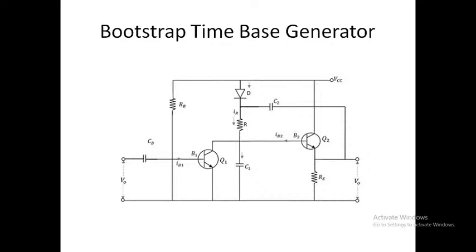Now when we apply a negative pulse, as shown in figure B, to the base of transistor Q1, Q1 gets off and capacitor C2 starts charging the capacitor C1 through the resistor R. As a result, both the base voltage of Q2 and the output voltage begin to increase.